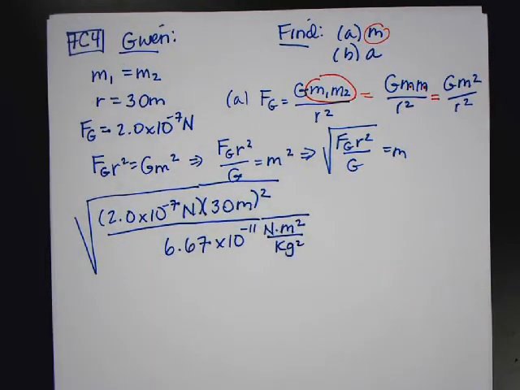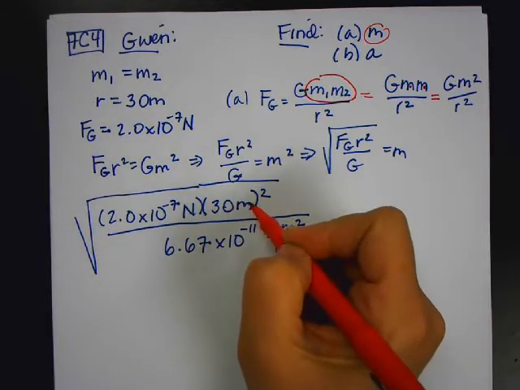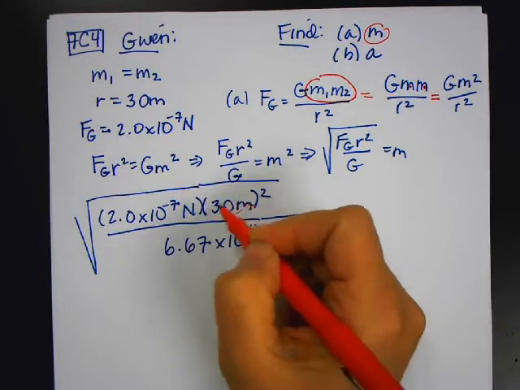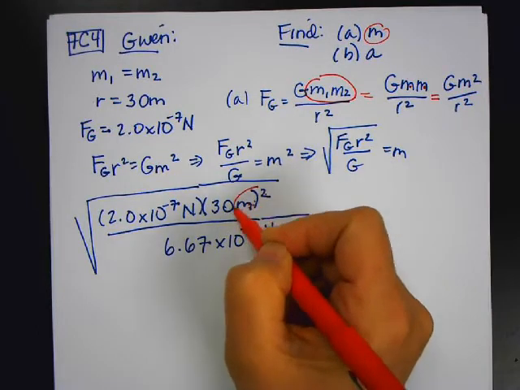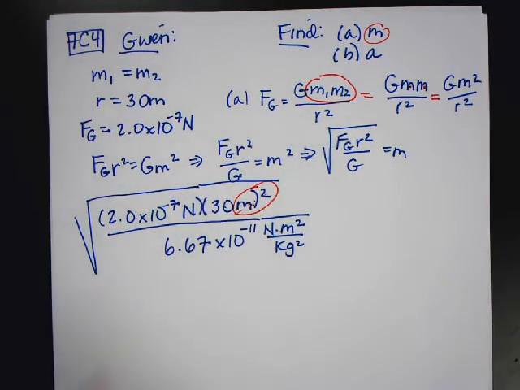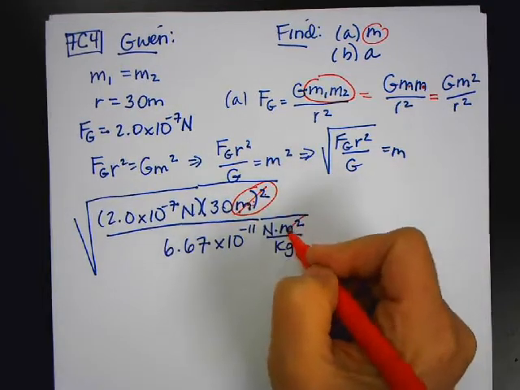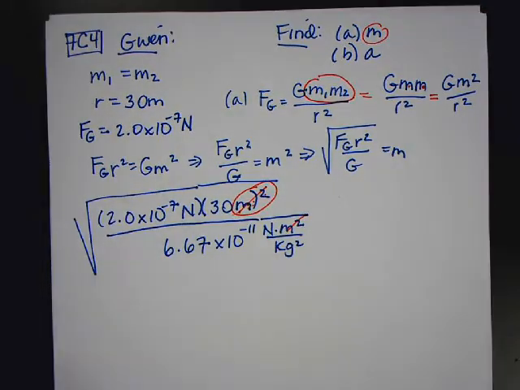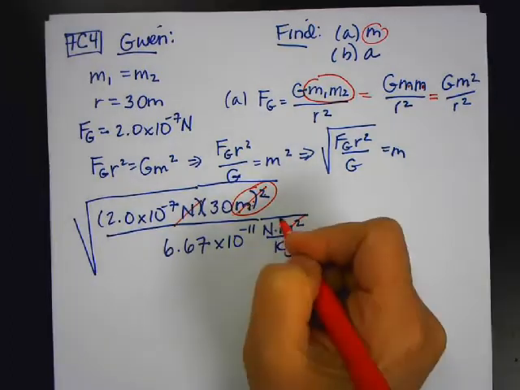Now remember, in physics, we have a foolproof way to always check our work by looking at our units, and if we can carry our units and cancel them, we can check our work. So in my numerator here, when I square the 30, I also am going to square the meter. So this is a meter squared. So this meter squared can actually cancel with that meter squared. This Newton can cancel with this Newton.